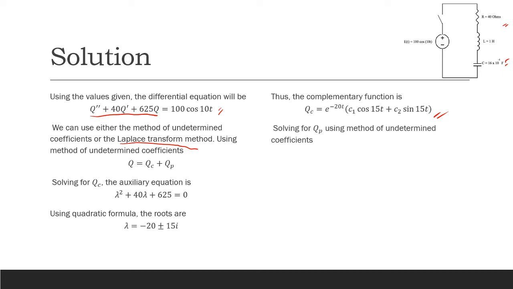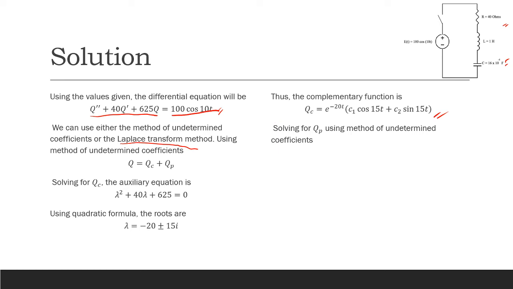Now, solving for qP, using method of undetermined coefficients. So ang R of t natin is 100 cosine 10t. Again, kapag nagbe-method of undetermined coefficients tayo, what we do is find an appropriate form of our qP.